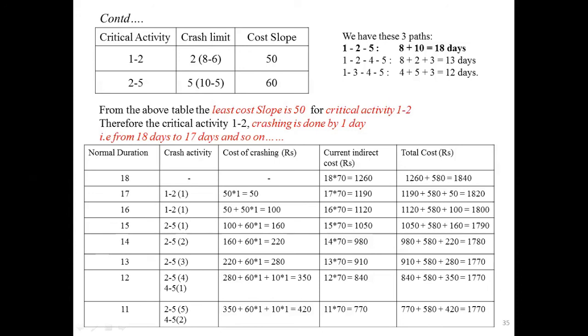That means you need to stop the table here. From the above table, the critical activities 1 to 2 and 2 to 5 are crashed to their maximum crash limit. For 1 to 2, the maximum crash limit is 2 days. We crashed 2 to 5 for 5 days.